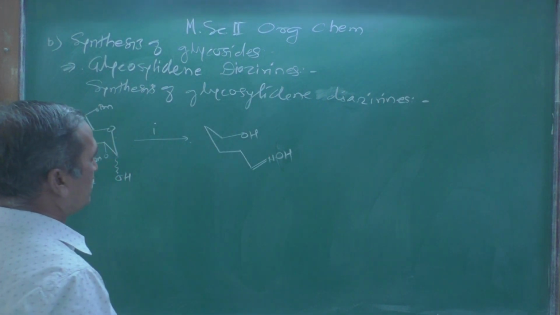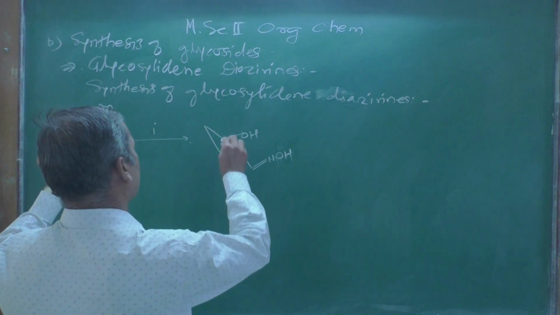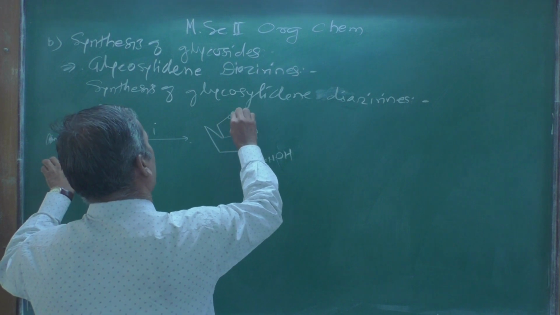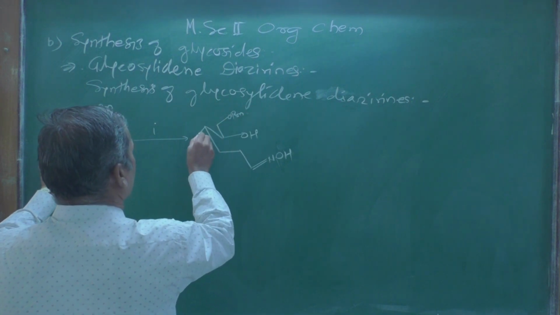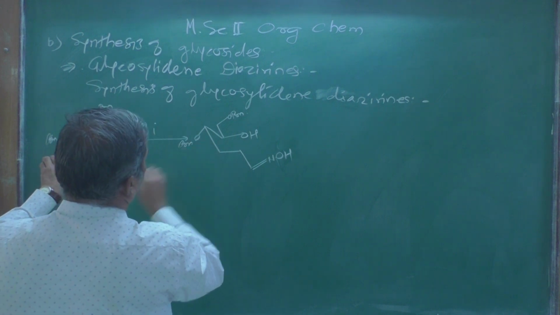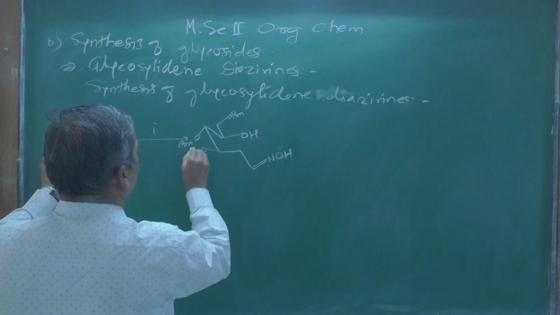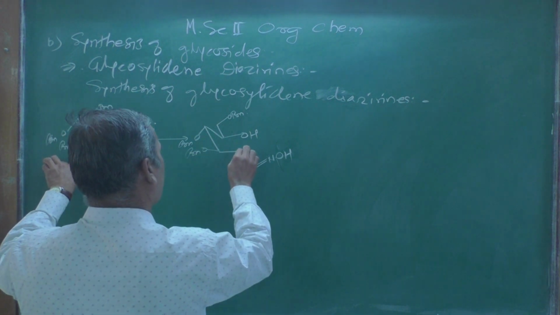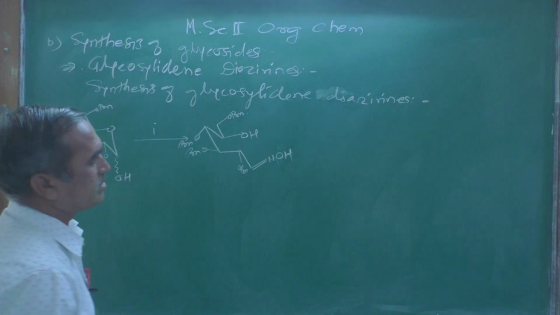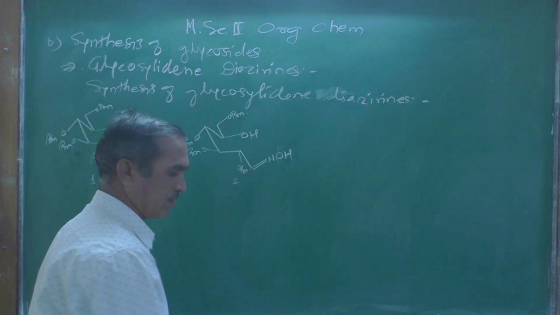We get an oxime type of derivative here, and the rest of the compound we can write as it is. All these protected hydroxyl groups lie at equatorial positions and are shown as they are. This is structure number 2.